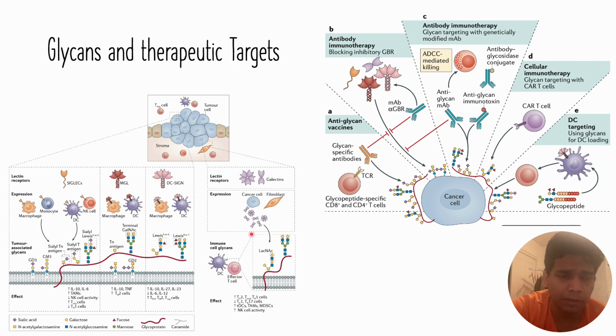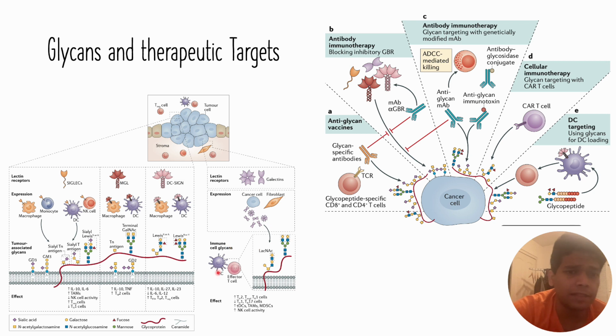In this case, the cancer cell that expresses the lectin receptors such as galectins will interact with the dendritic cells or effector cells glycans, that is LacNAc glycans, and thereby reduce the effectiveness of these NK cells and the immune cells to act against the tumor cells.